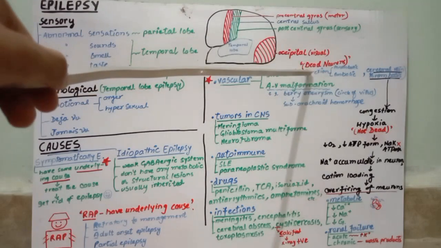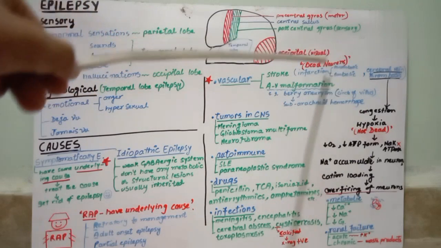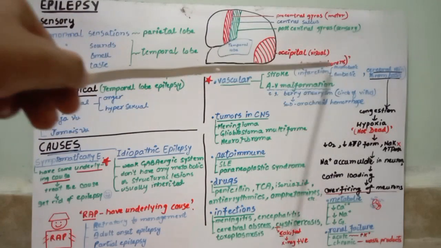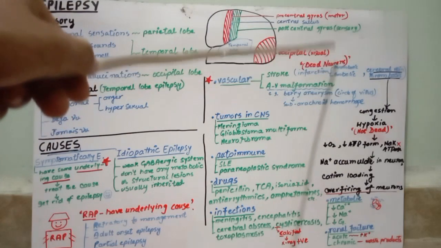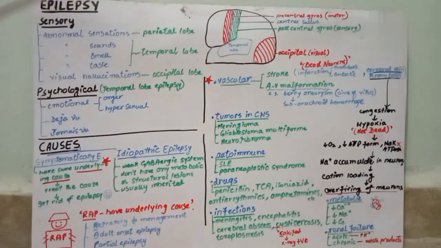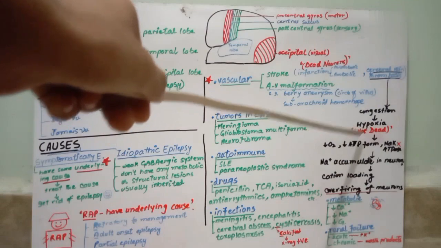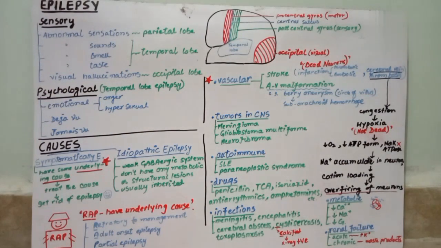In case of infarction, whether due to a thrombotic or an embolic cause, most of the neurons die, and dead neurons are not as dangerous as the non-dead and compromised neurons, because when they die, their sodium potassium channels won't work, and there are no chances that the patient will have epileptic attacks.